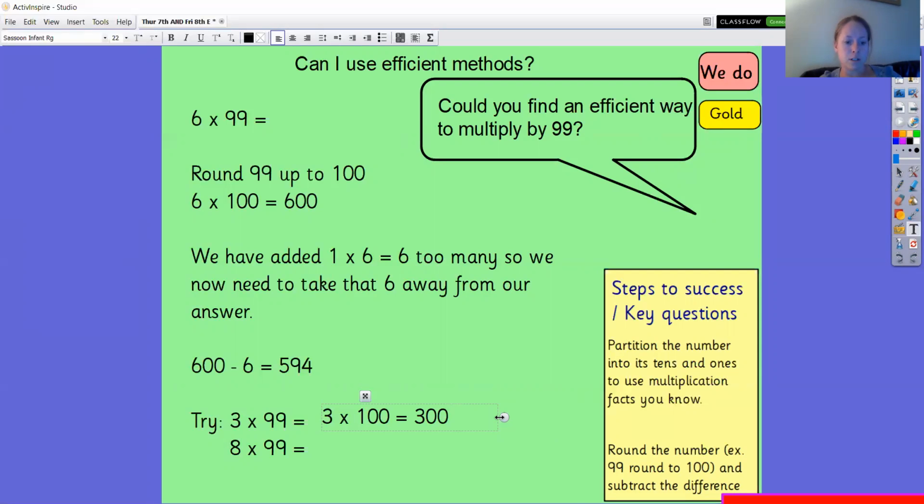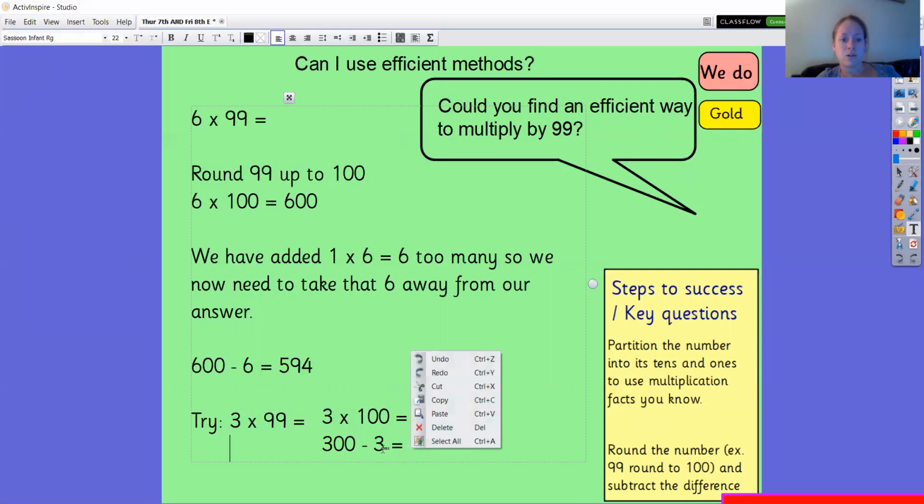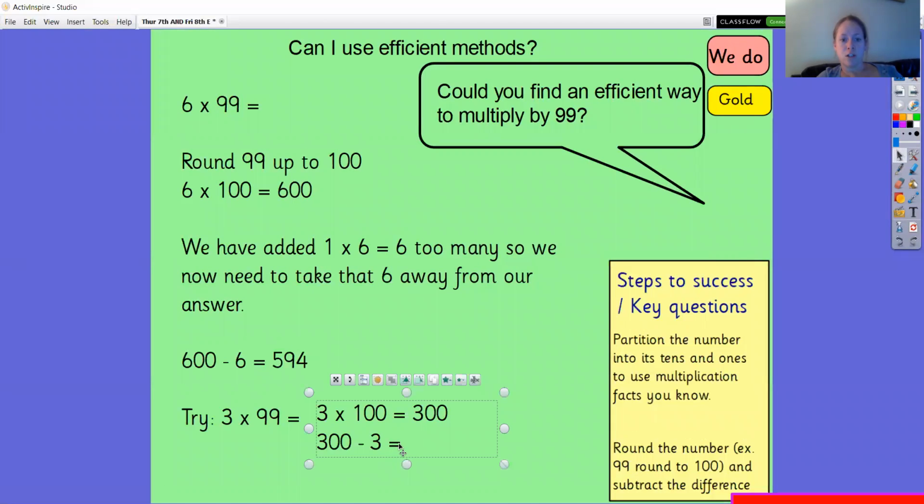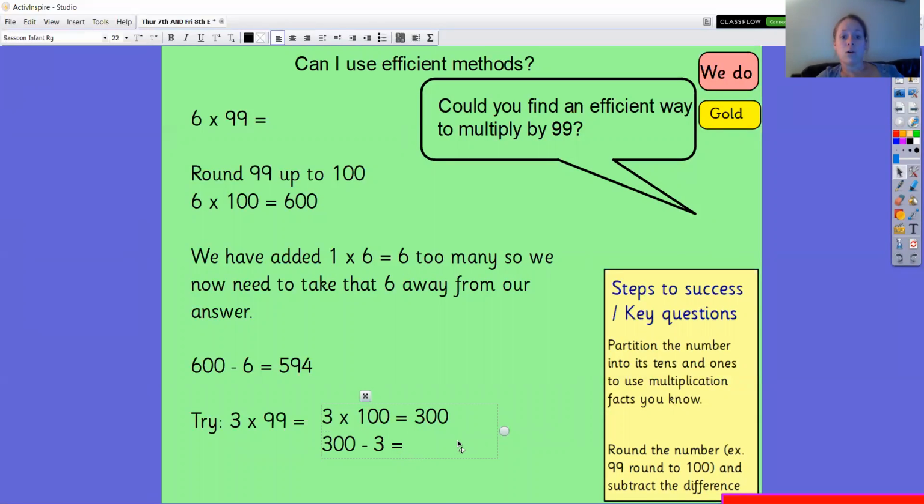So I'm going to do 300 take away 3 next. And I can do that in kind of any way I want, really. I can count back, so I can say 300, 299, 298, like that. Or I can just use my number bonds to 10, and I can say, well, I know that 3 and 7 make 10.